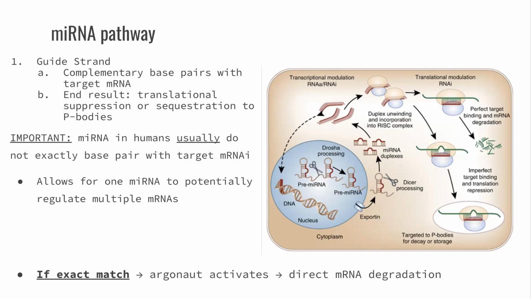In humans, miRNA does not exactly base pair with target mRNA, which allows for one miRNA to potentially regulate multiple mRNAs. So it can basically recognize multiple different sequences with slight variations. But if it's an exact match, then Argonaute, which is the catalytic component of RISC, will be activated and direct mRNA degradation.